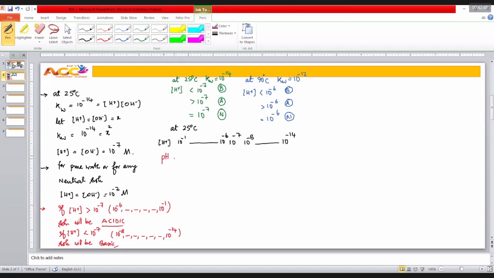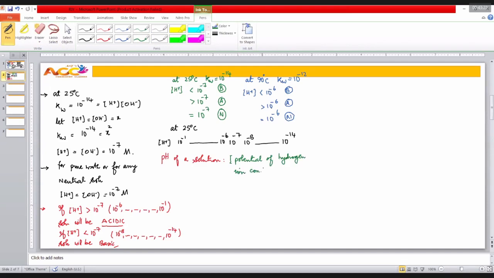pH of a solution. What is the meaning of pH? pH means potential. The English meaning is, don't say full form, I enjoy the term potential of hydrogen ion concentration.